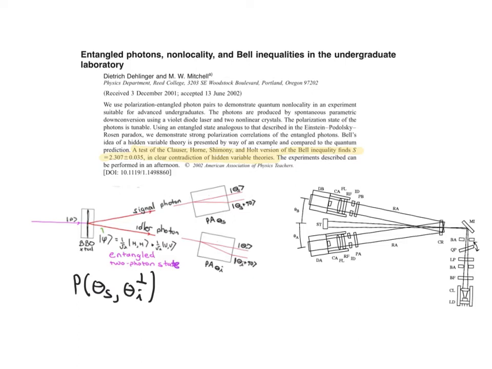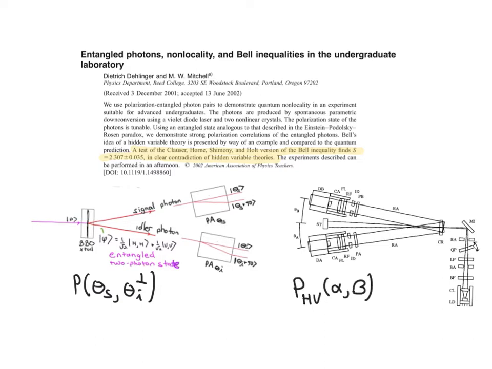Okay, well, that's the idea, but the notation is pretty arbitrary. So that's what Beck decides to use. When Dehlinger and Mitchell, who wrote the AJP paper, want to express exactly the same idea, they would call this quantity P_HV(α, β).